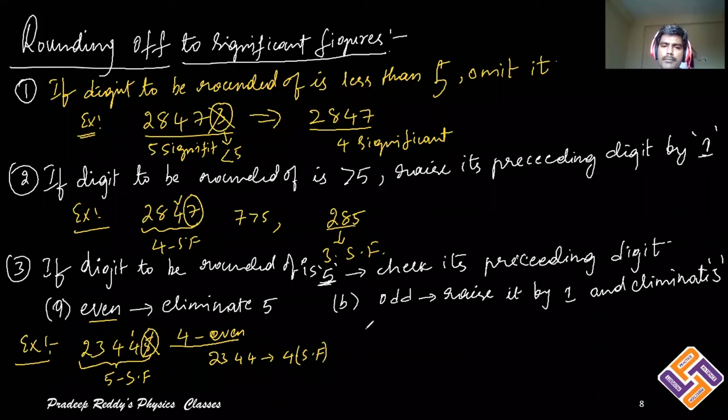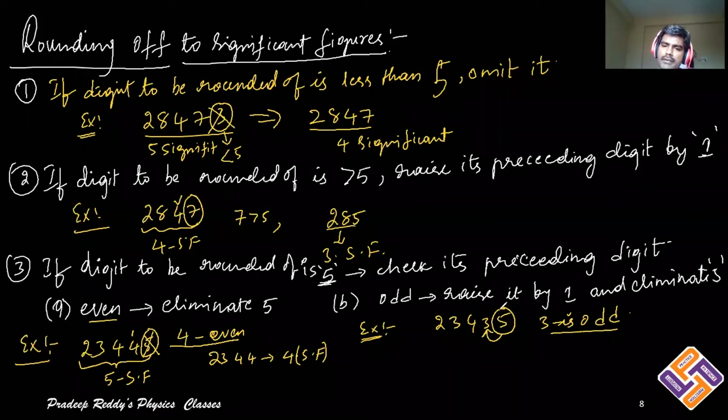Therefore, in this there are 4 significant figures. Right? Now come to this example. You have an odd number as the preceding digit, say for example, 2, 3, 4, 3, 5. The last digit is 5. Check its preceding digit, that is 3. 3 is odd. As 3 is odd, what is the rule telling? Raise it by 1 and eliminate 5.